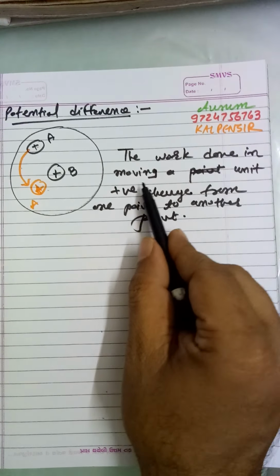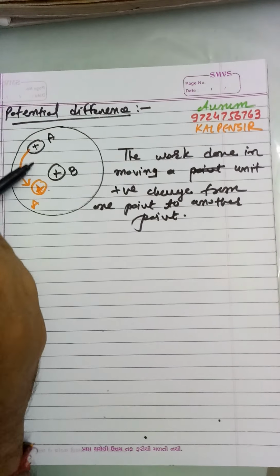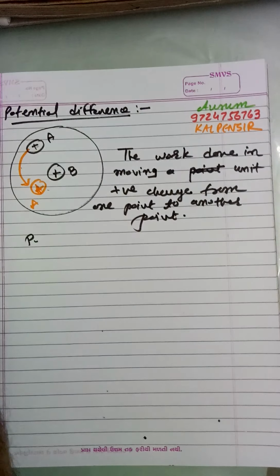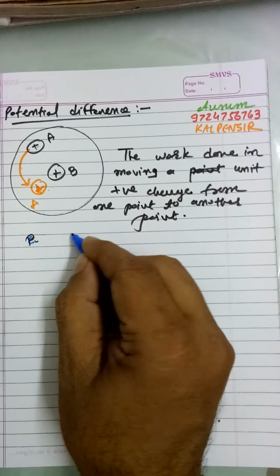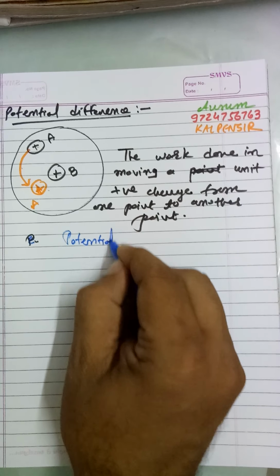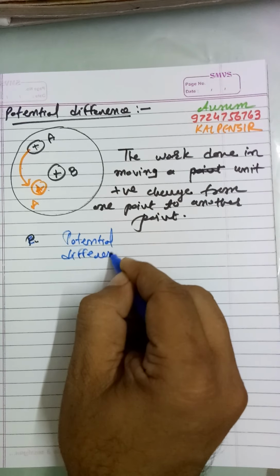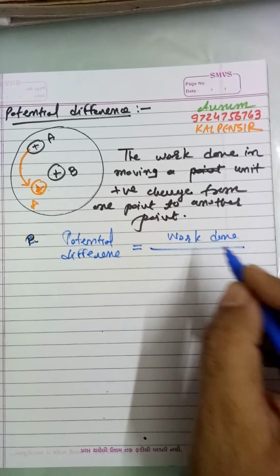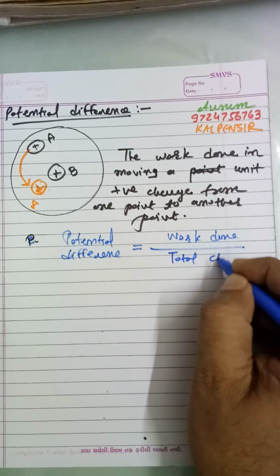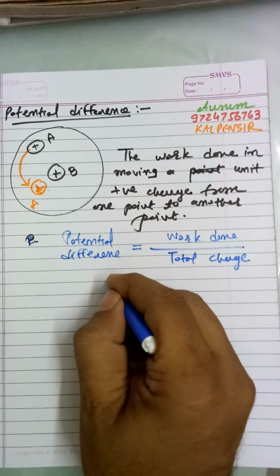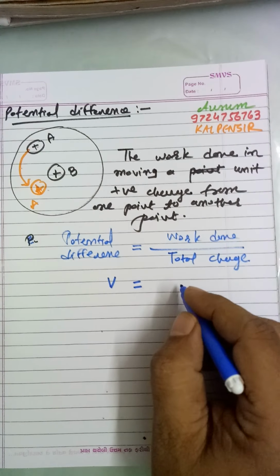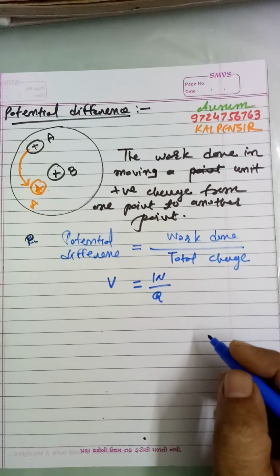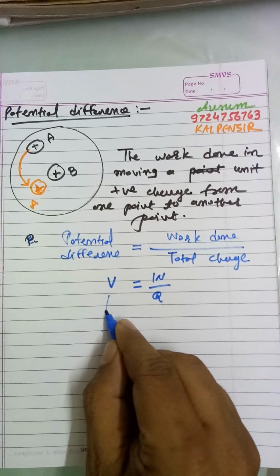So potential difference is equal to work done per total charge. The symbol for potential difference is V. The symbol for work done is W. Total charge in coulomb is Q. The SI unit of it is volt.